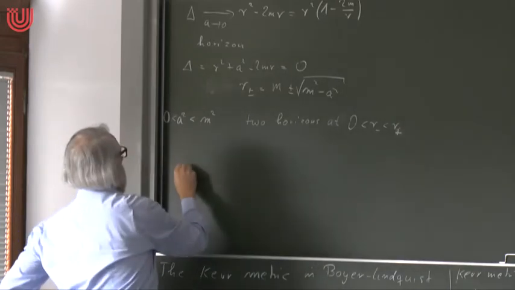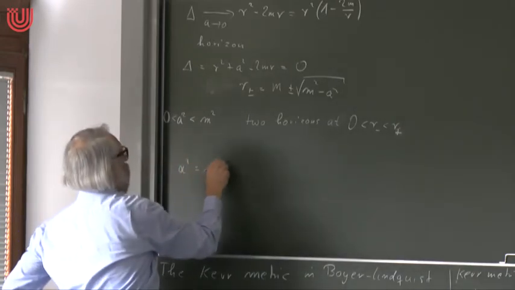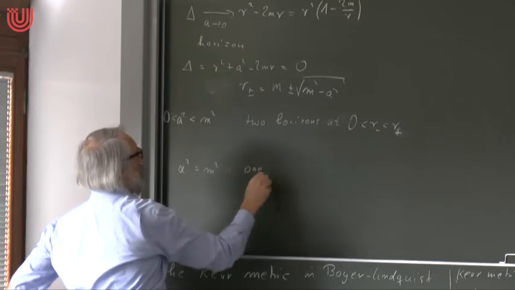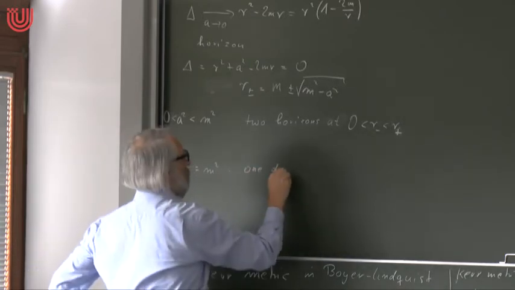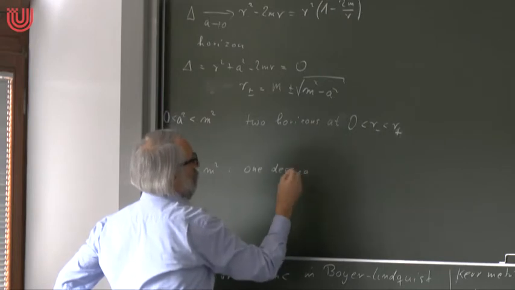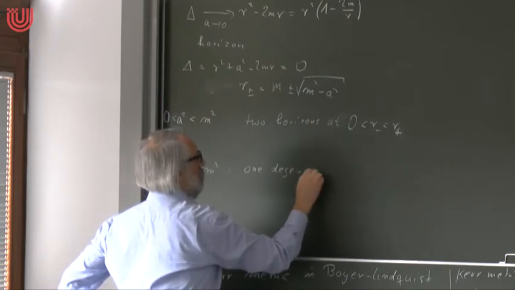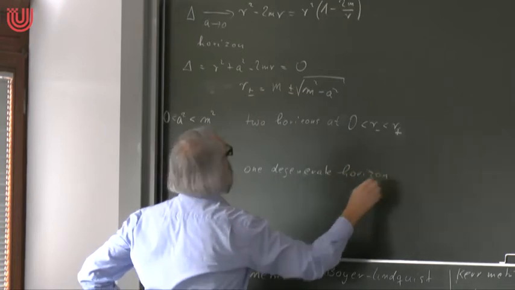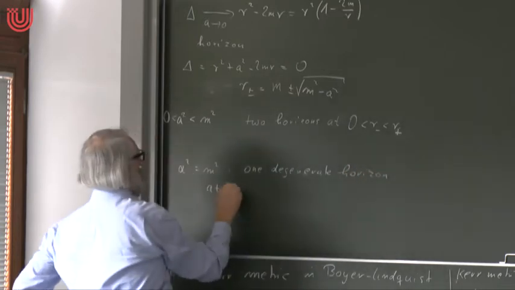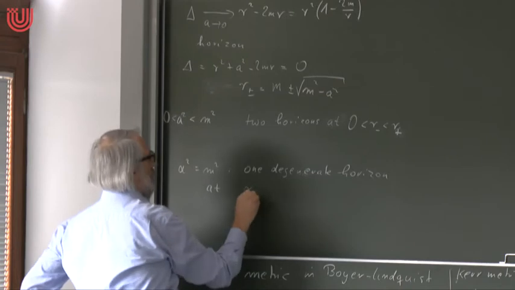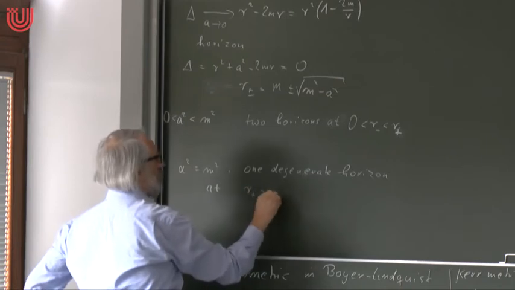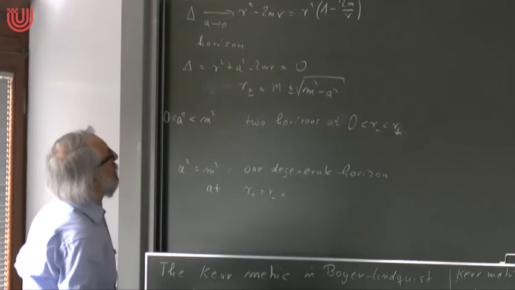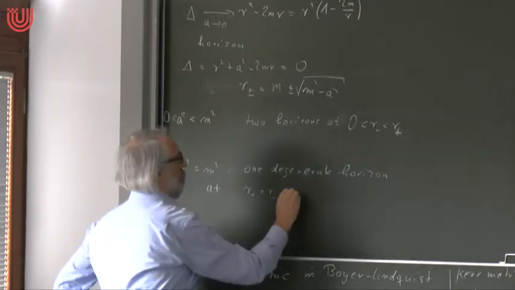If a squared is equal to m squared, then I have, as one says, a degenerate horizon, which just means that it is a double zero. And where is it? At r plus equal to r minus, which is just m.